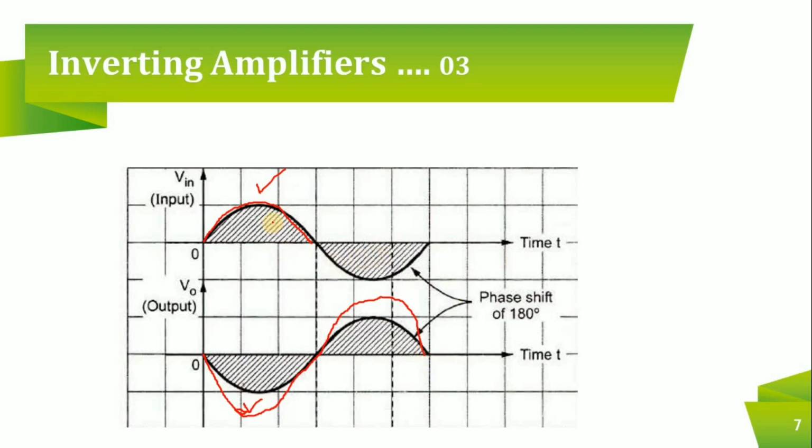You can clearly see, if you have a positive peak at the input, you have a negative peak at the output, and vice versa. It means both are phase shifted by 180 degrees. The negative sign in the equation represents the 180 degree phase shift at the output.